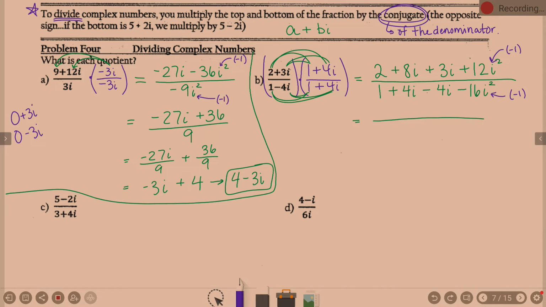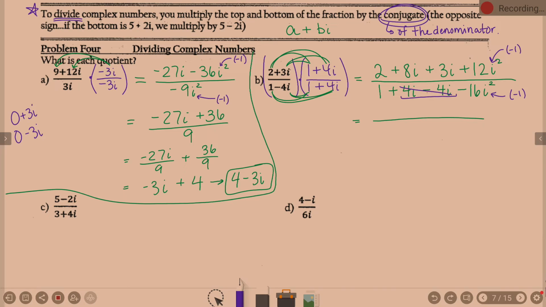The 4i minus the 4i cancel, leaving you with 1 plus 16, 17.